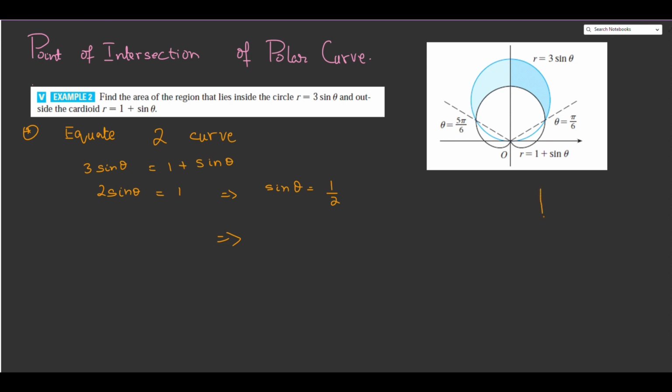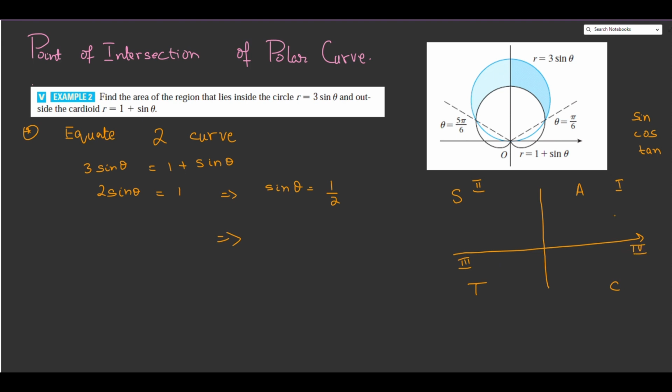If you remember from your previous knowledge of trigonometry, we remember the formula ASTC. We have three trigonometric functions: sine, cosine and tan. In the first quadrant, this is our first quadrant, this one is the second quadrant, this is the third quadrant, this one is the fourth.